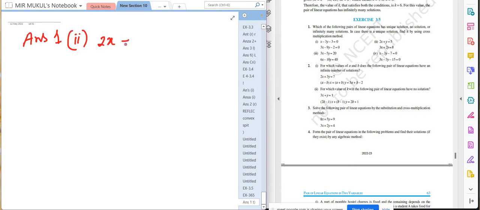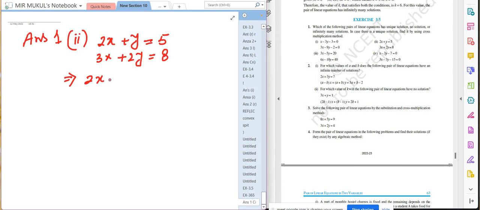So 2x plus y equals 5, 3x plus 2y equals 8. If any number is on the right hand side, bring it to the left hand side.